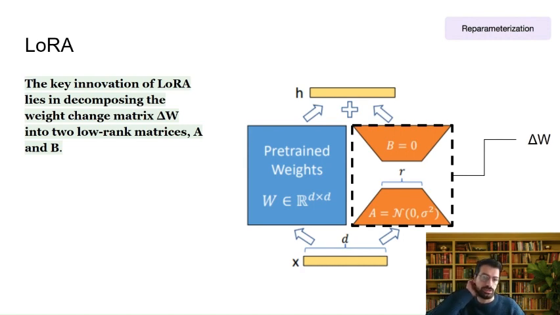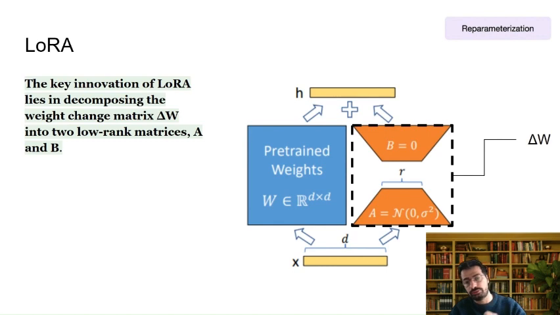So what happens in this figure is we have an input that arrives into our model. It gets split into two. X gets split into two identical inputs. One gets multiplied by the entire weight matrix W, which is frozen. We do not touch it. It will stay there.